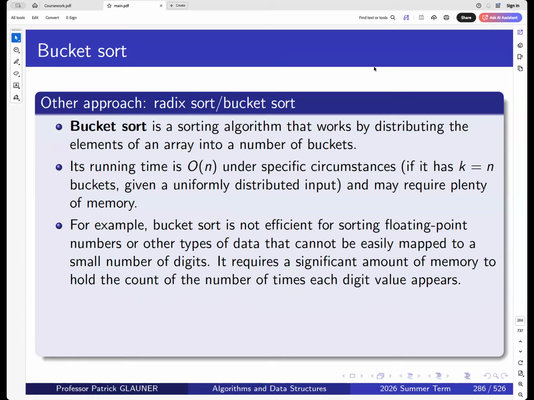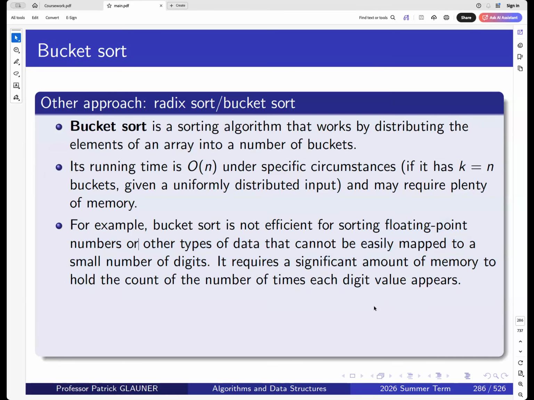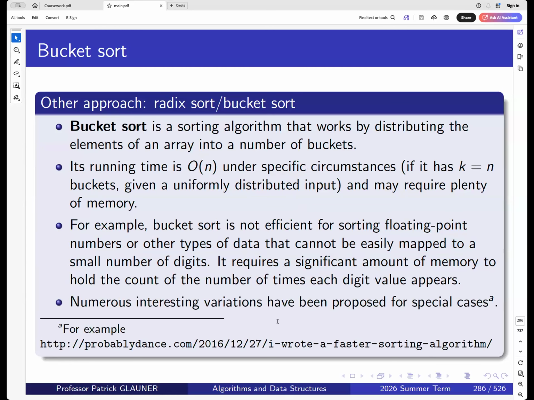But bucket sort does not work very well if you want to sort floating point numbers or other types of data that you cannot easily map to a small number of digits. So this may work under very specific circumstances for integers, but not for floating points or other objects. And it still may require a lot of memory for this to run in O of n.